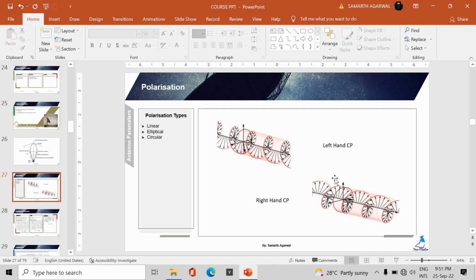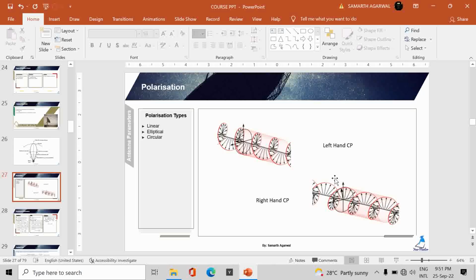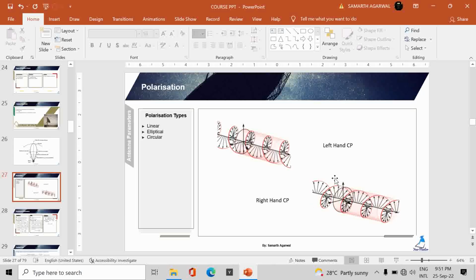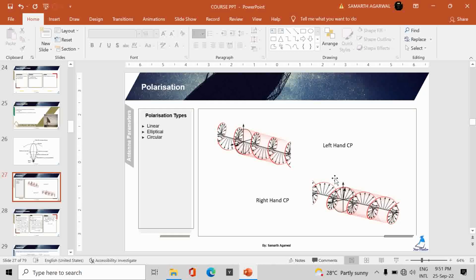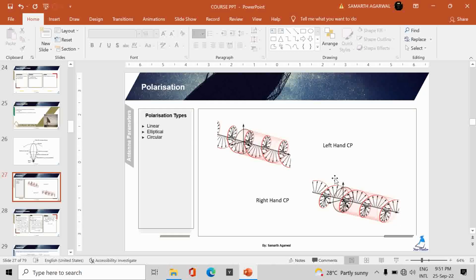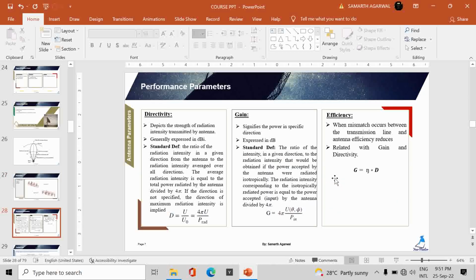Generally, if it is nearly 1 dB, then it is circular polarization, and if it is greater than 3 dB, then it is known as linear polarization. Up to 3 dB we say that it has circular polarization.